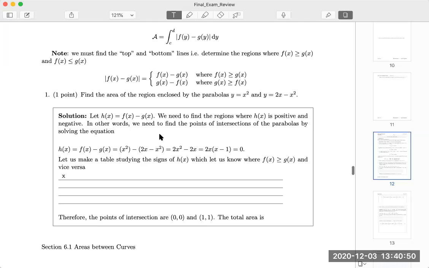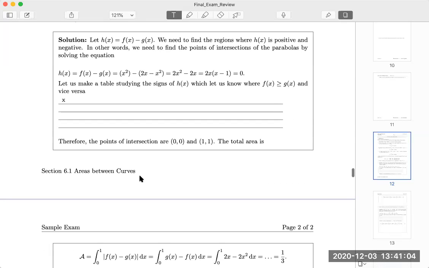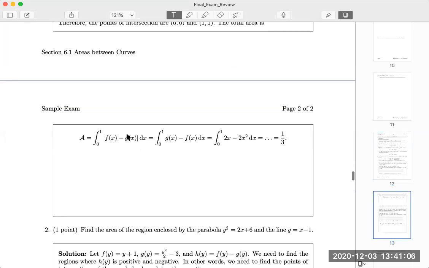One way is to do some algebra. Define the function h as the difference of f and g, so we will know where f is larger than g or where g is larger than f. In this case, in the interval from 0 to 1, between the intersection points, g is larger than f.